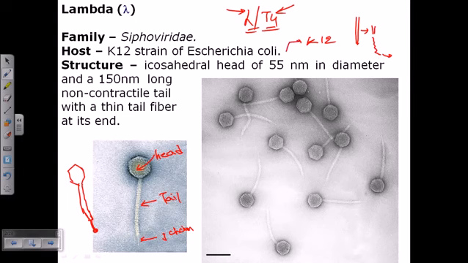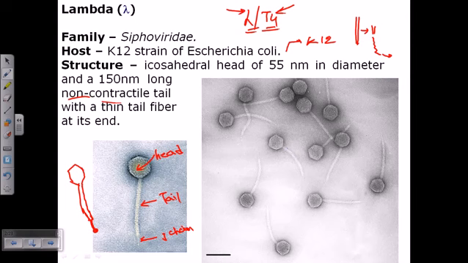In the case of lambda phage, the tail is made up of non-contractile rings, so it cannot contract, but instead it can push the DNA inside. This tail region is a little bit longer in lambda, whereas in T4 the tail region is a little bit shorter. The lambda tail is also a little more flexible in nature.